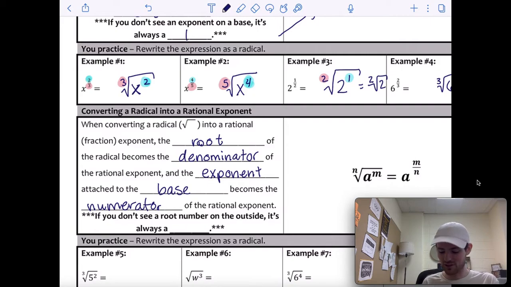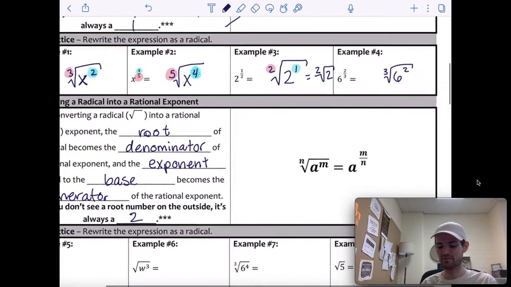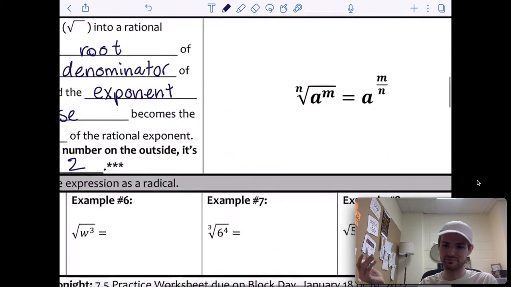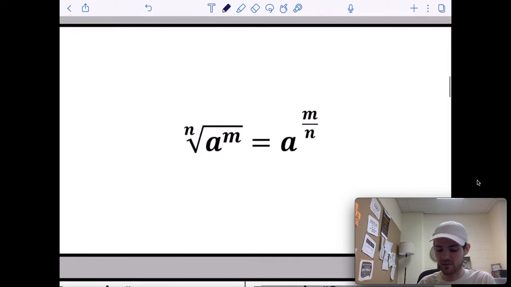If you don't see a root number on the outside, it's just 2. In a radical, if there's no number, it's 2. So we're just going in the opposite direction. We keep the base the same.